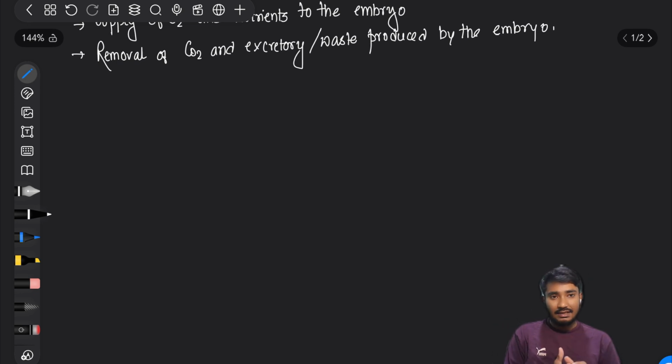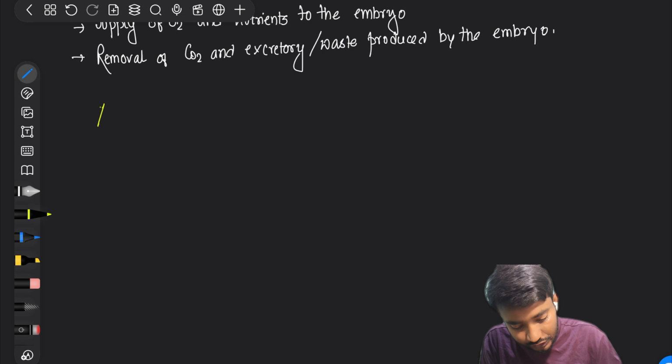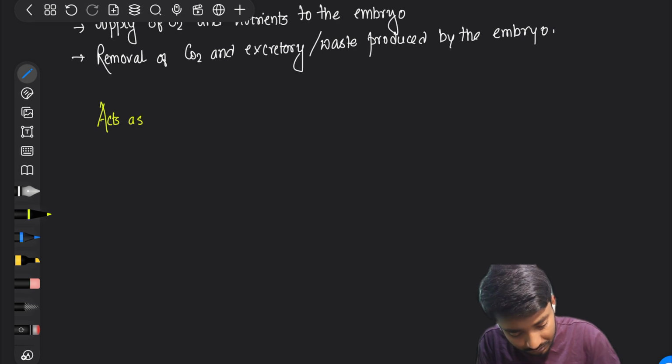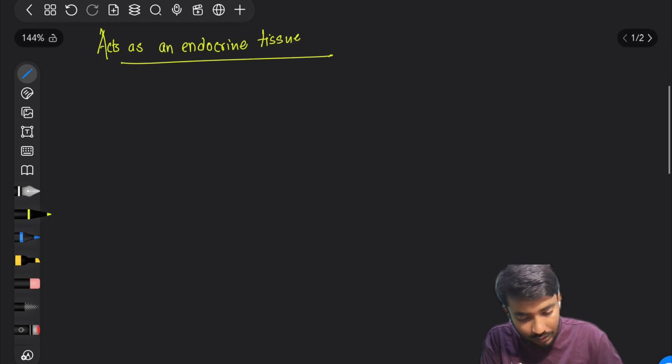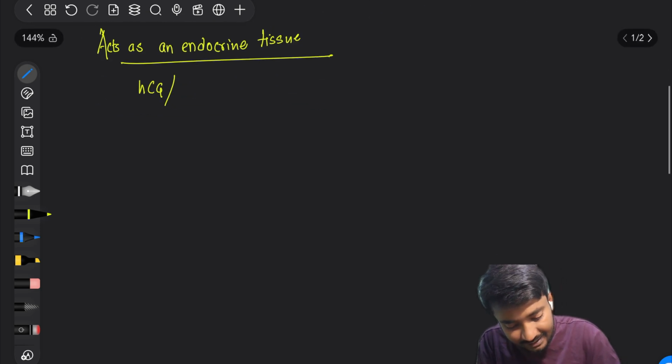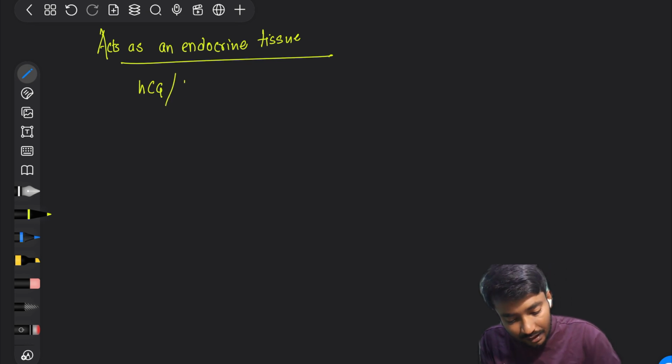So it also acts as an endocrine tissue. So what do we see? The HCG. It is a hormone generally seen in pregnancy. It is human chorionic gonadotropin.